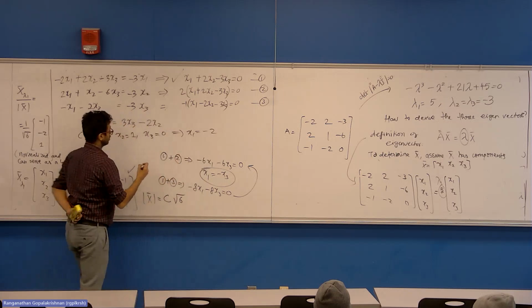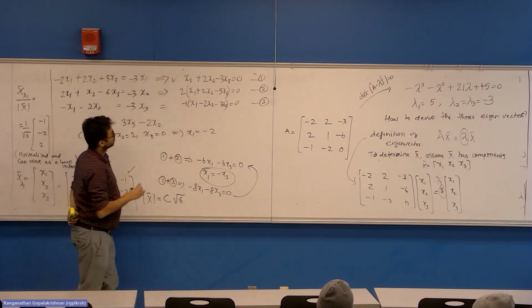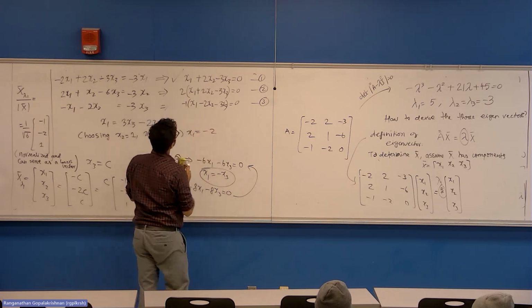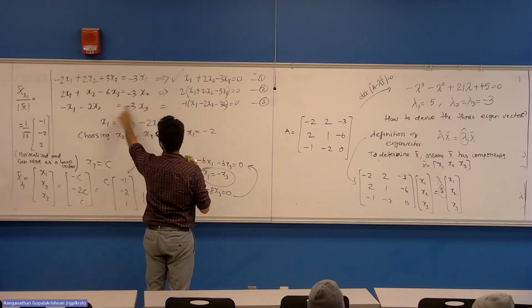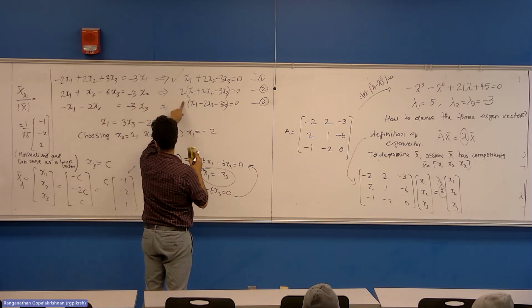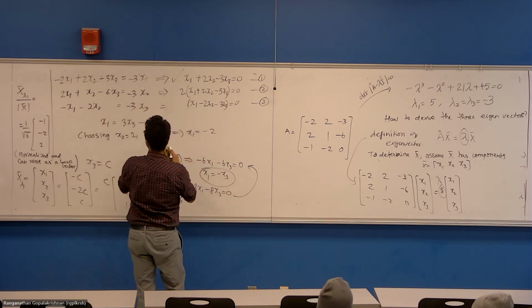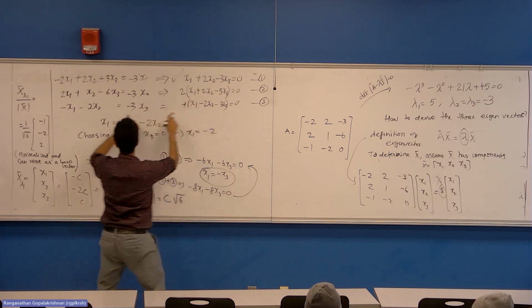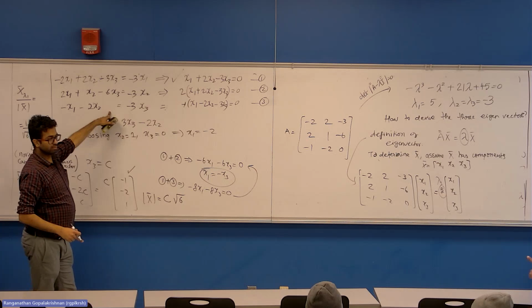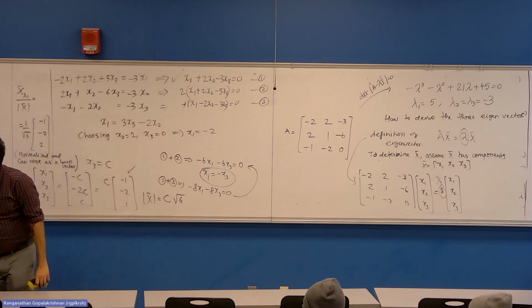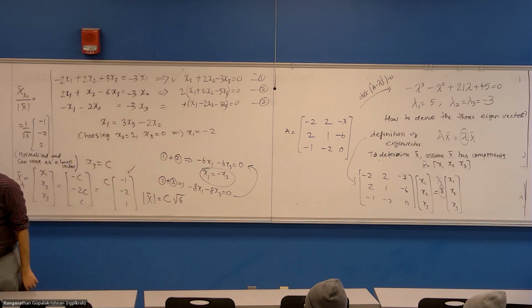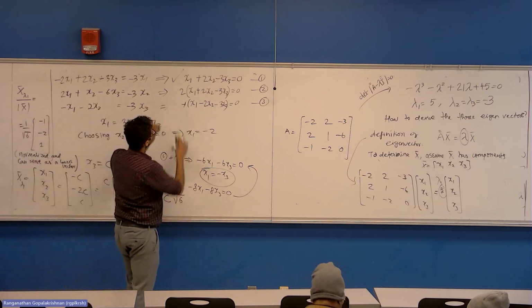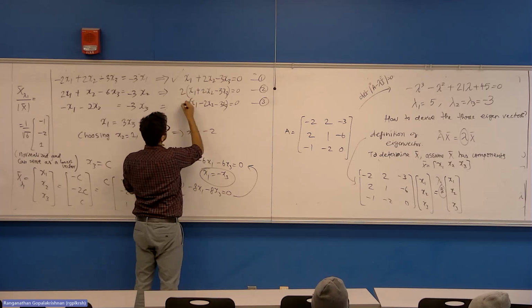In equation 3, if you pull out minus 1, minus 1 times minus 3 will give me plus 3, and it should be plus 2x2 if you take minus.